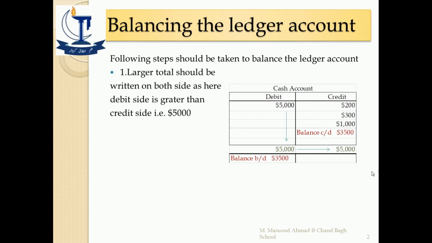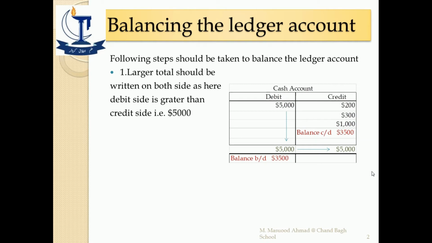Then we paid some payments for stationery or electricity bill or rent, 200 and then 300, and then we deposited cash into the bank account, that is 10,000.